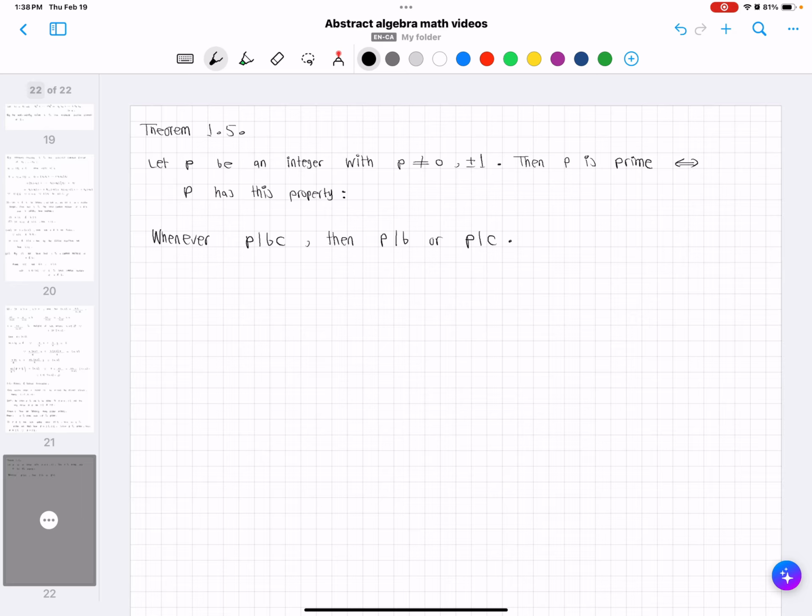So first of all, what is the core idea here? The core idea is that if you have a prime, then that prime cannot be factored further. So if it appears somewhere in a product, then it must appear in one of the factors, right?